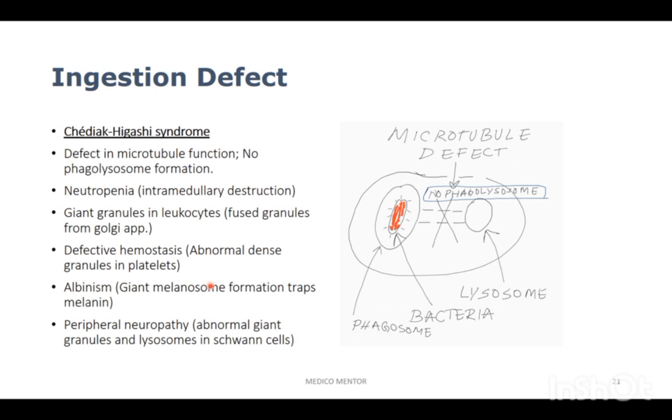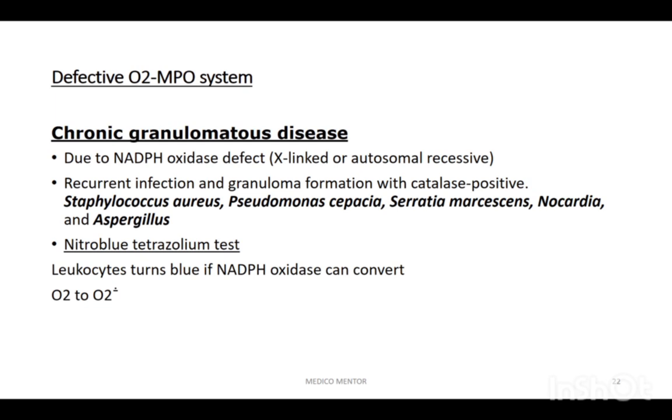And lastly, we can also have peripheral neuropathy, which results from abnormal giant granules and lysosomes in Schwann cells.